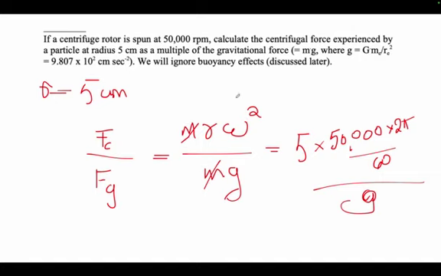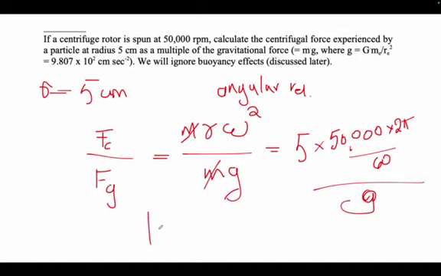Now the problem is in this centrifugal force formula, omega is something called angular velocity. But the information they've given us in the numerical is the RPM. So we have to first convert RPM to angular velocity. RPM is rotation per minute.